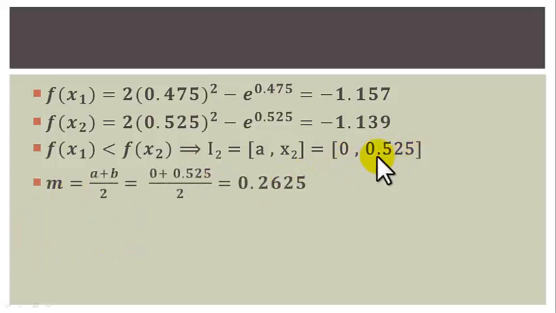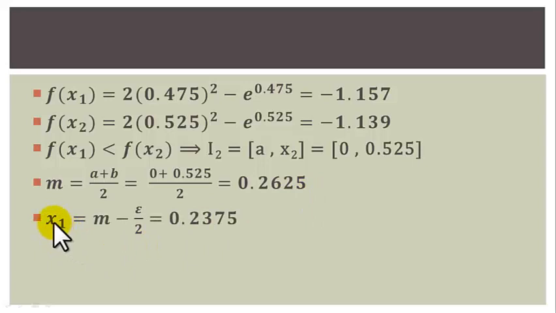Now, using this second interval of uncertainty, the midpoint again is a plus b over 2, which is equal to 0 plus 0.525 divided by 2, and this will give us 0.2625.